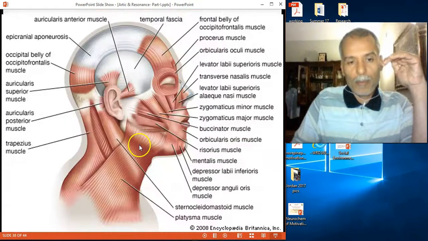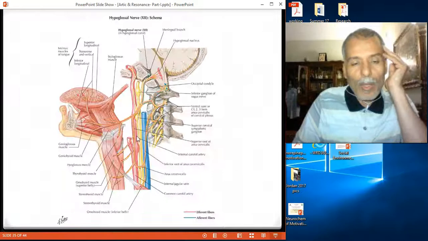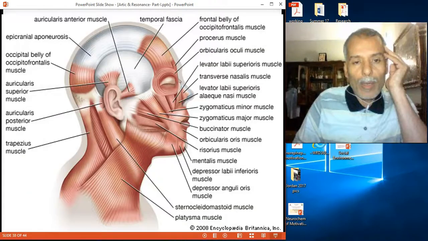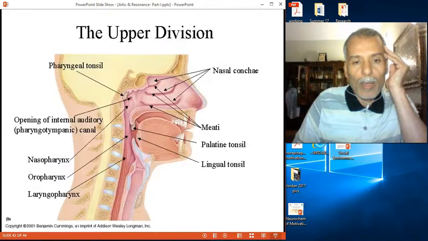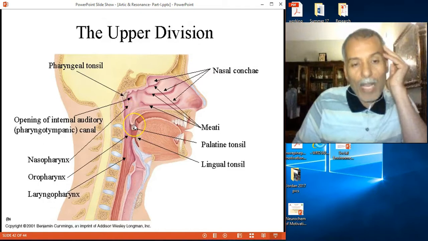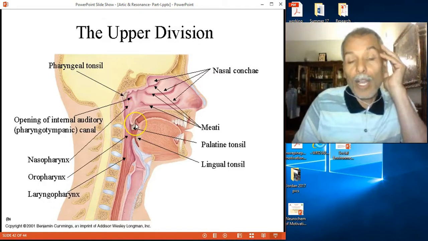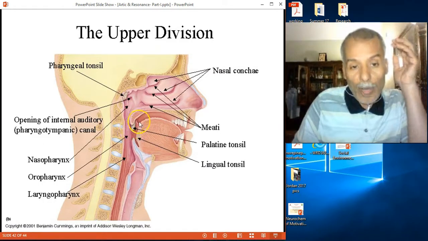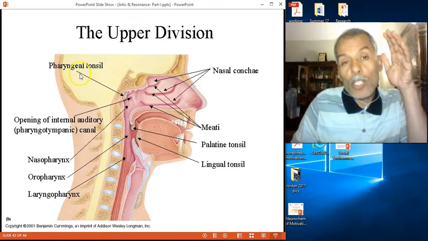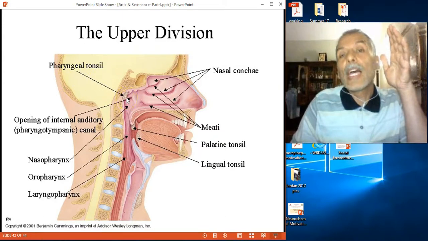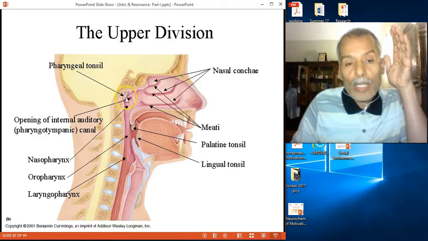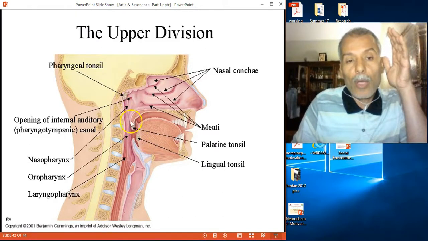level of the velum here, then you have Waldeyer's ring, a ring made out of tonsils. You have the palatine tonsils, you have the lingual tonsils, you have the pharyngeal tonsils, otherwise known as the adenoid pads. So 1 set, 2 sets, three sets of tonsils.